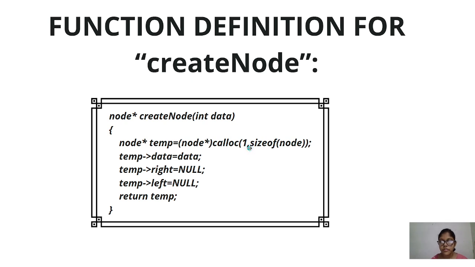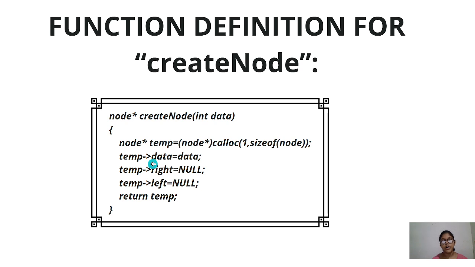So the number of divisions is 1, and the size that will be allocated in the dynamic memory is size of node, because we'll have to store data also, the right pointer and the left pointer. So we have to take the whole size of the node. It is also of node star type.